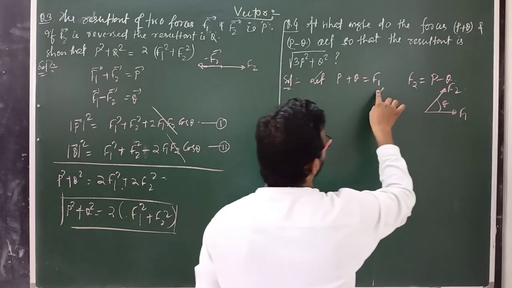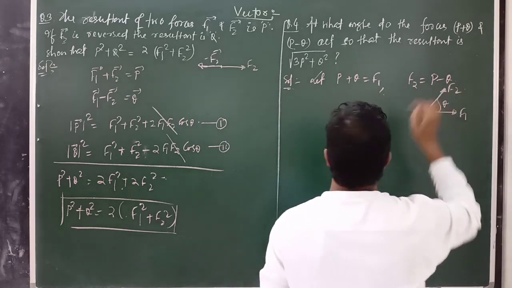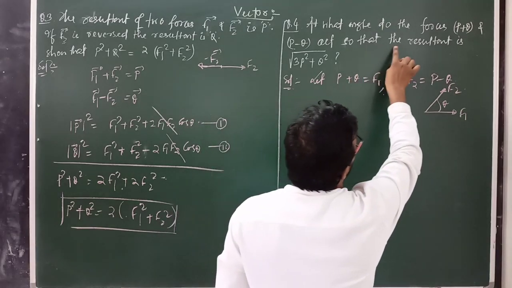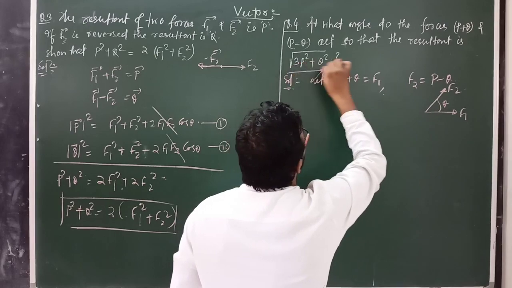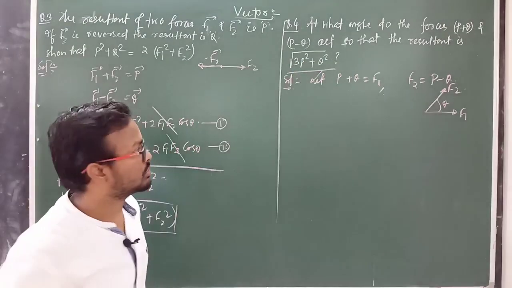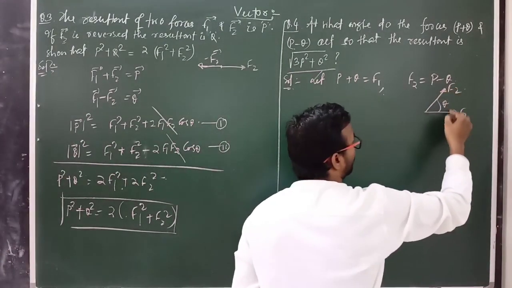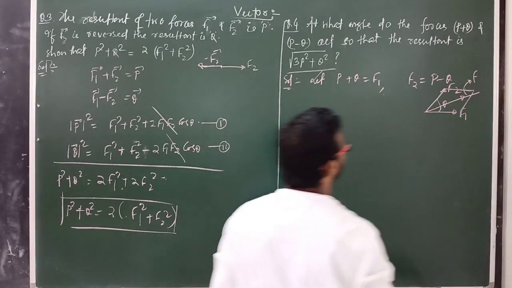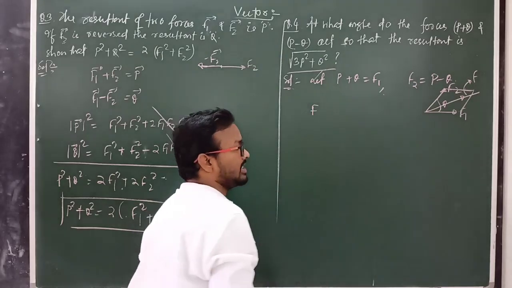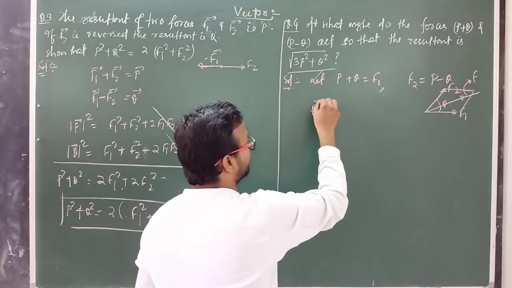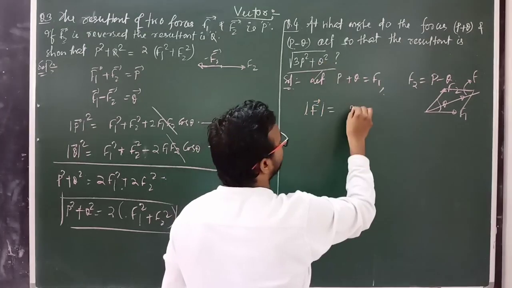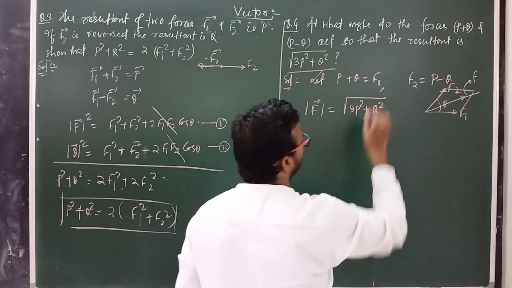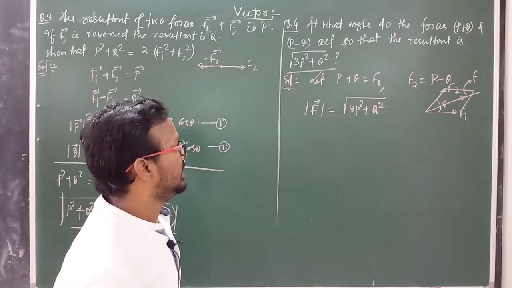So F1 is P plus Q and F2 is P minus Q. The resultant of these two vectors, suppose it is F, has magnitude given as the square root of 3P square plus Q square. Clear? Okay, so now let's start.